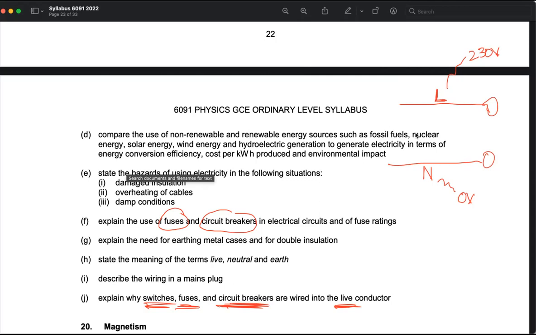Nuclear energy sounds very dangerous. Yes, when not controlled, a nuclear power plant will become like a bomb. You have a chain reaction that, if it's not controlled, the energy produced will be at an exponential rate, and when that happens, it becomes like a bomb. You'll destroy too many things.